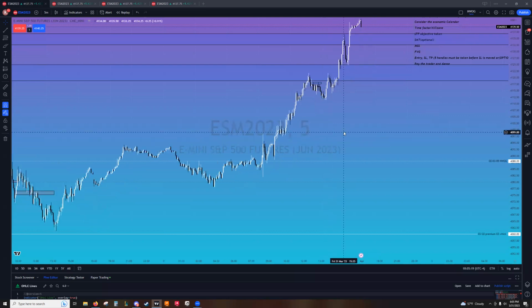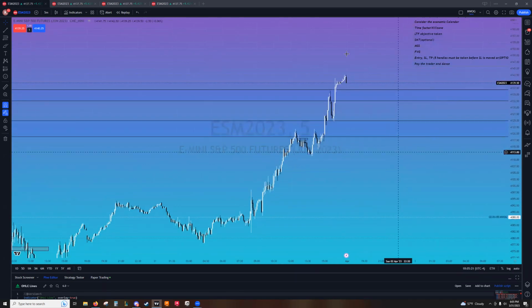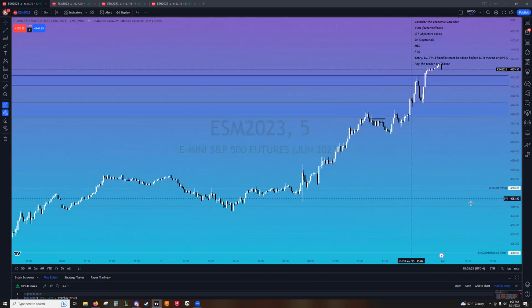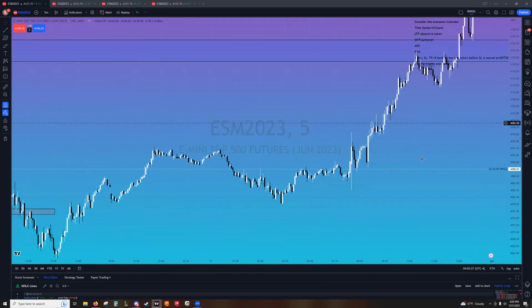But another confluence that I like to use is the new week opening gap. So you can see how price kind of did its thing off of this one here.